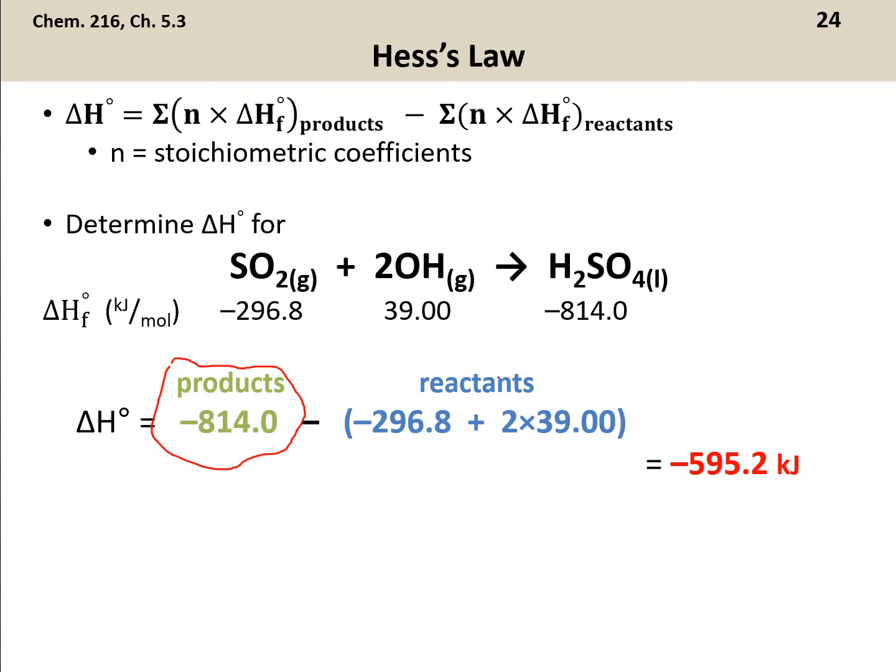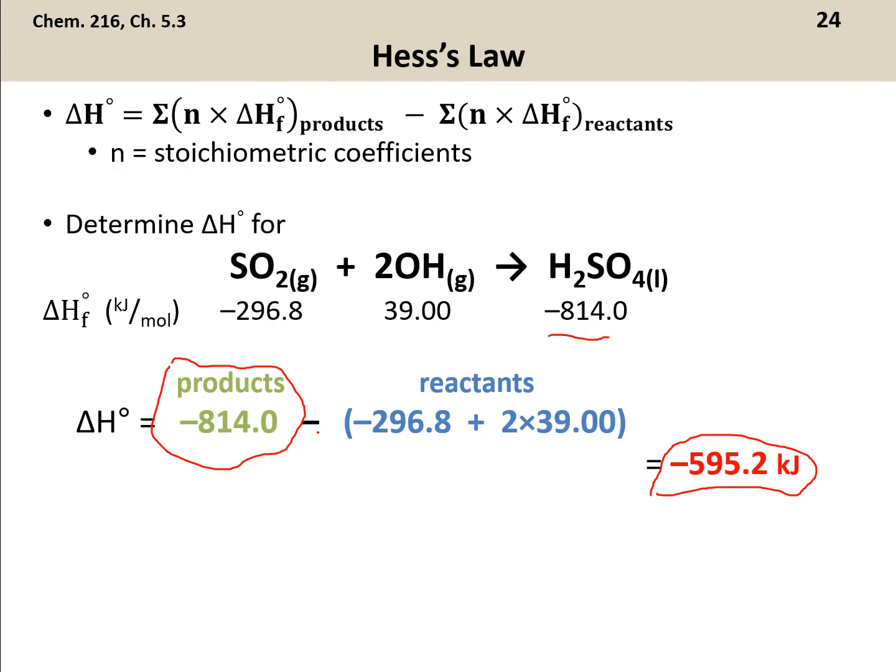That's that negative 814. And I did minus 296.8 plus 2 times 39. I was very careful to use these signs correctly. So I'll multiply these together, add that to that, and I get negative 595.2 kilojoules.